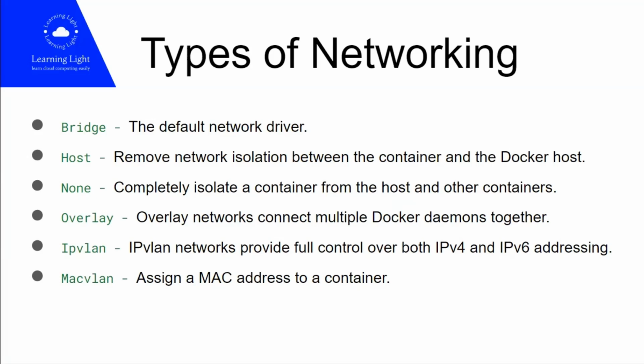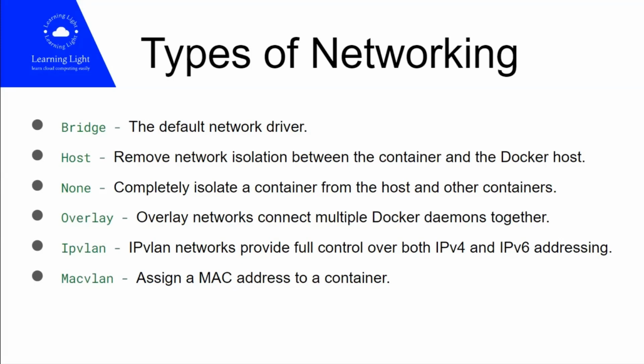Next is IPvlan. IPvlan networks give users total control over both IPv4 and IPv6 addresses. The VLAN driver builds on top of that, giving operators complete control of layer 2 VLAN tagging, and even IPvlan L3 routing for users interested in underlay network integration.